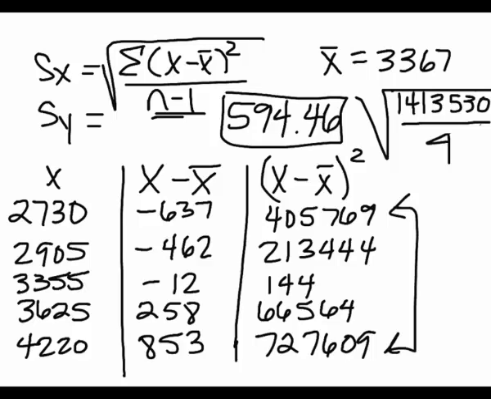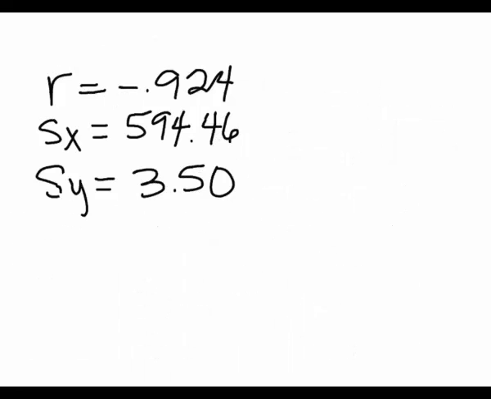Okay, so let's write down what we have so far. Okay, so I got R is negative 0.924, SX, which I showed you step by step, I got 594.46, SY, I did the same way except with my Y list, and I got 3.50. So then that means we're ready to find B1. So B1 is R times SY over SX.